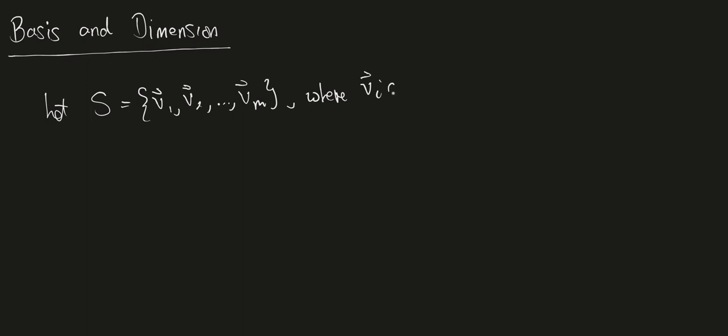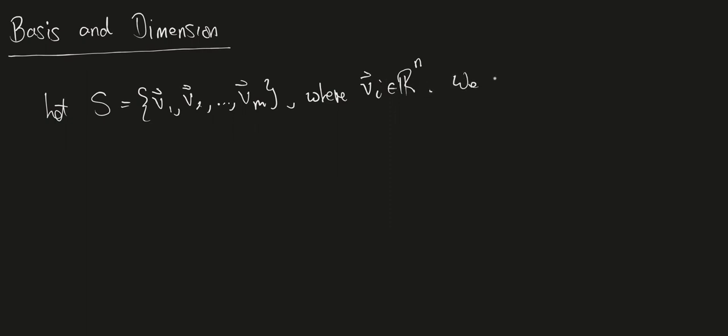So let S be a set of vectors. Right. So we have a set of vectors where each of the vectors is an element of our n-dimensional Euclidean space, right?